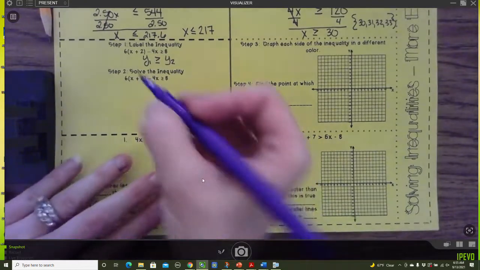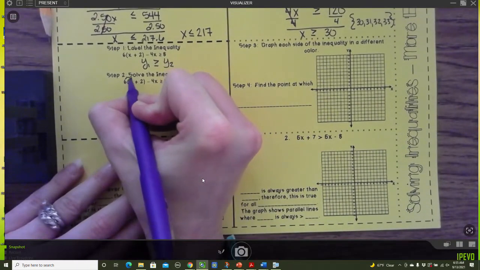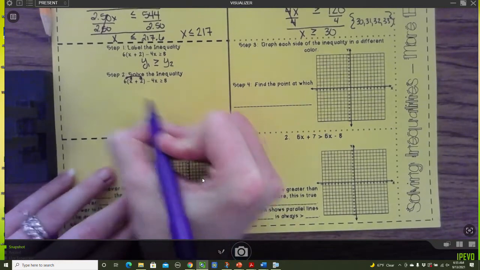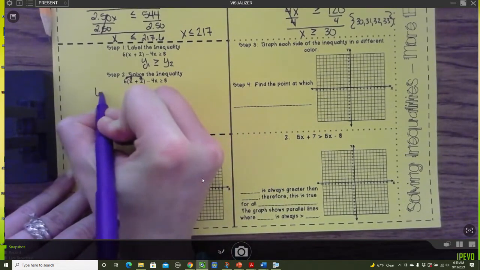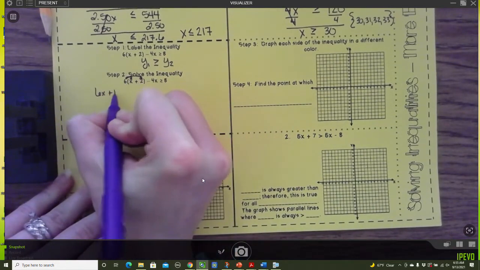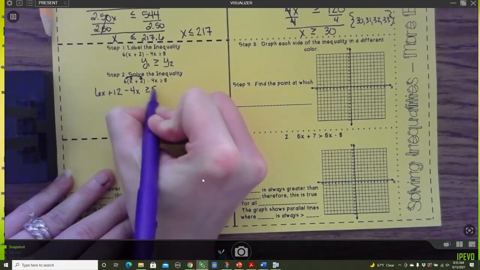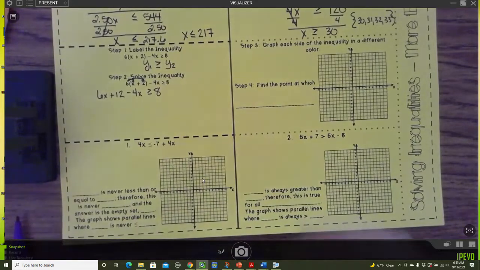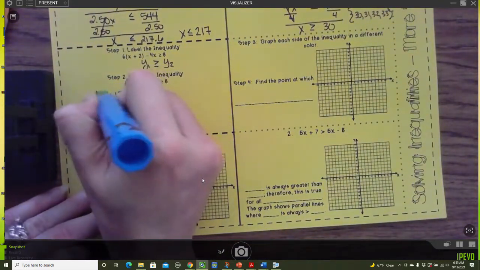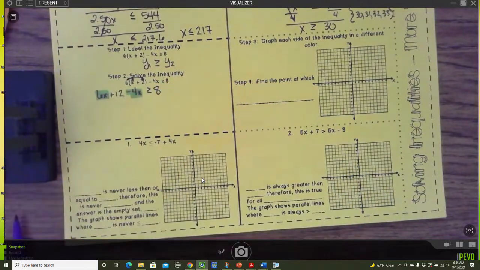Now we can solve this. So first off, we have to simplify. So we're going to combine like terms. 6 times x is 6x, 6 times 2 is 12, and then tack that minus 4x to the end. Combine like terms. So 6x and negative 4x can combine.